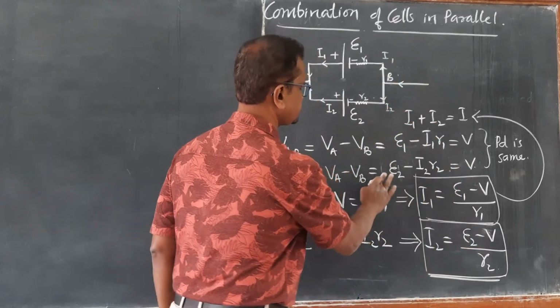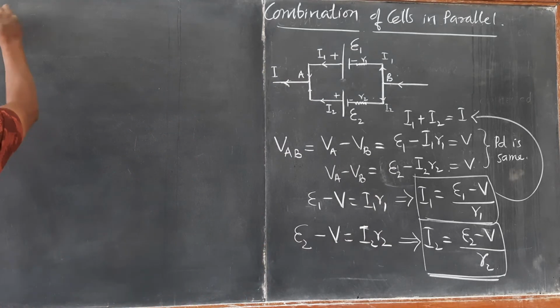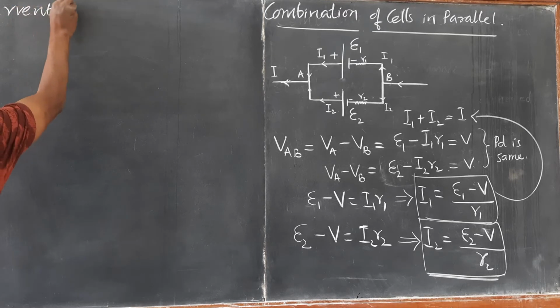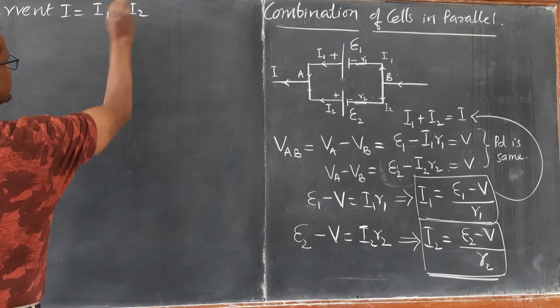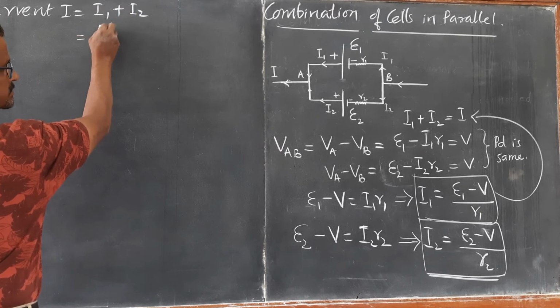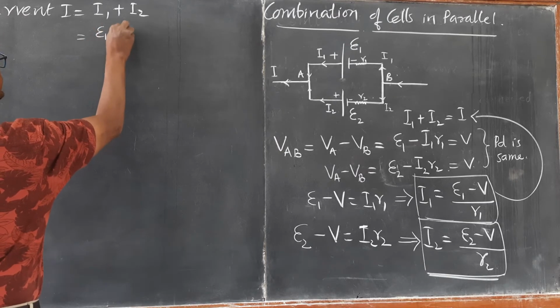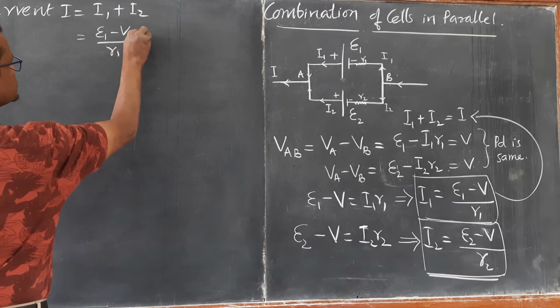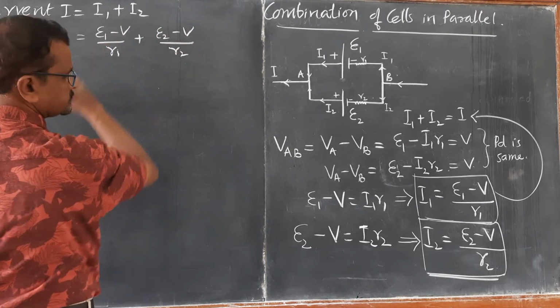So that I get total current. Therefore, total current I is equal to I1 plus I2. What is I1 plus I2? I am just substituting. I1 is E1 minus V upon R1 plus E2 minus V upon R2.